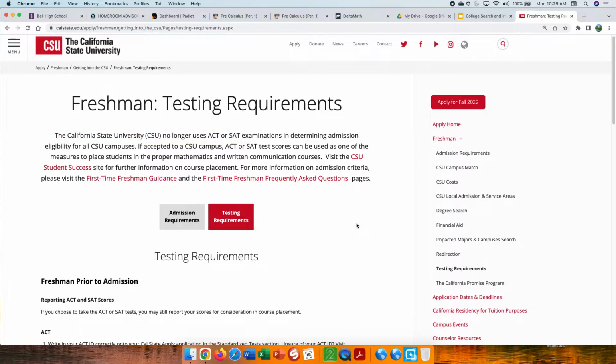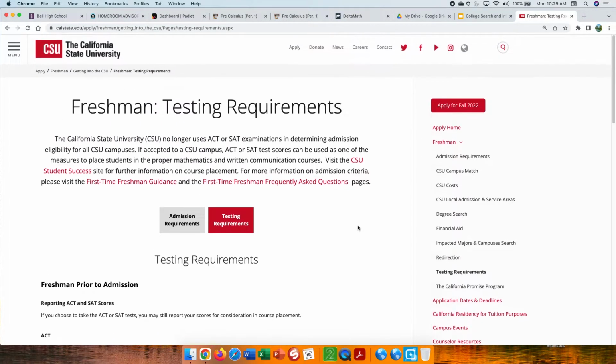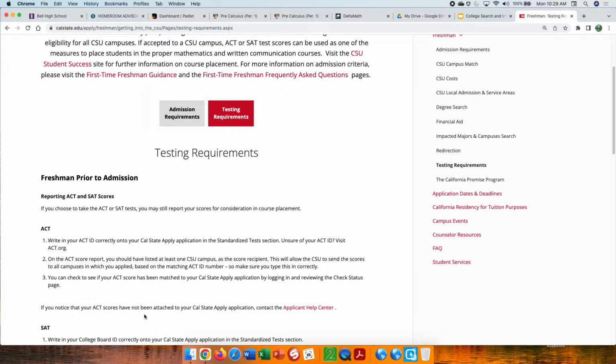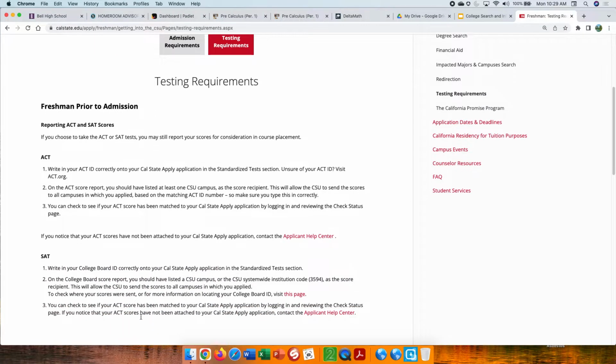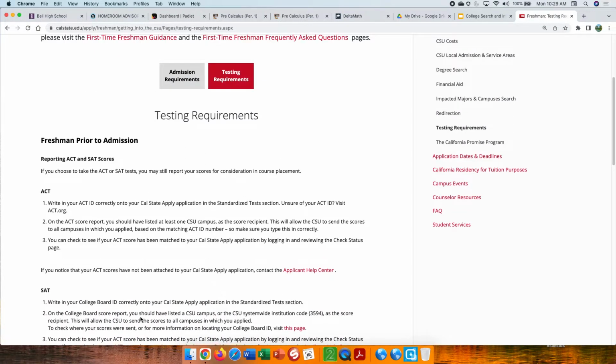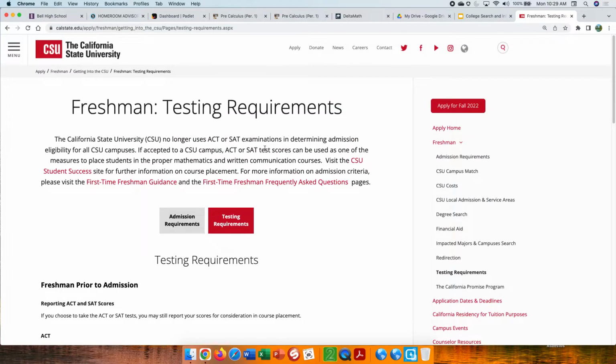So let's take a picture of this. Take a picture of this part that says freshman testing requirements, and if you can get this bottom part too, that'll be good. If not, save it and take another picture. Take just this top little paragraph here. Don't get these little squares. If you do, it's fine.